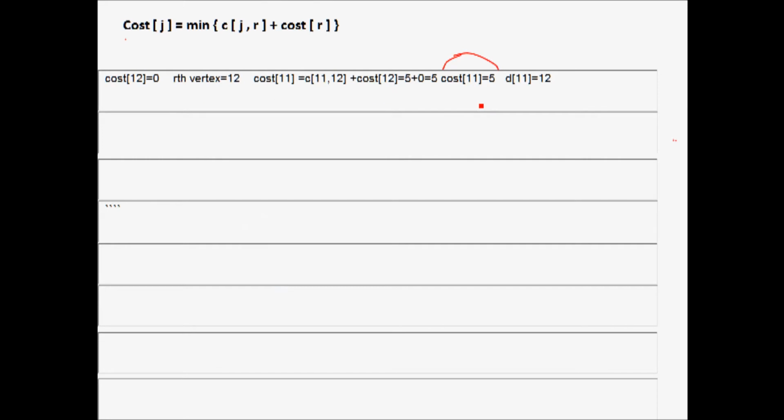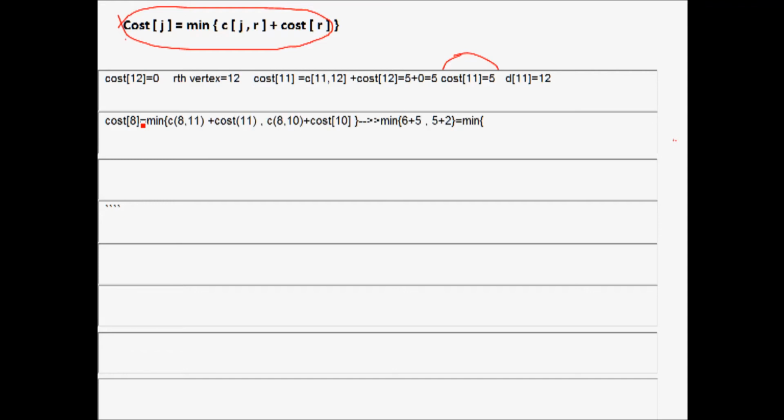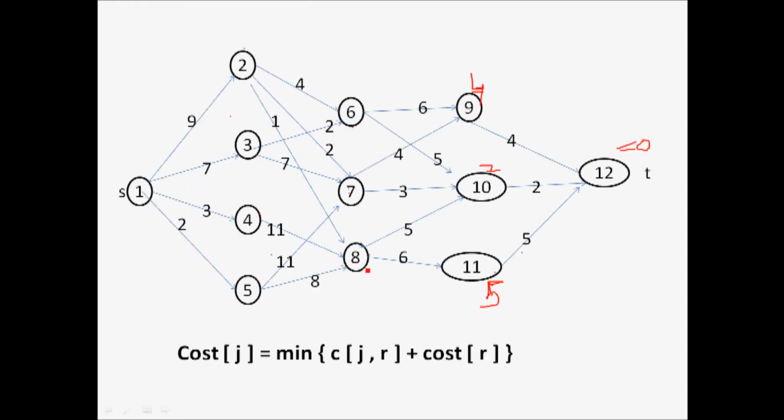Now let's do it a little bit faster according to this formula, which represents the same meaning as provided in the algorithm. Cost of 8 is equal to the minimum of c of 8, 10 plus cost of 10, and c of 8, 11 plus cost of 11.